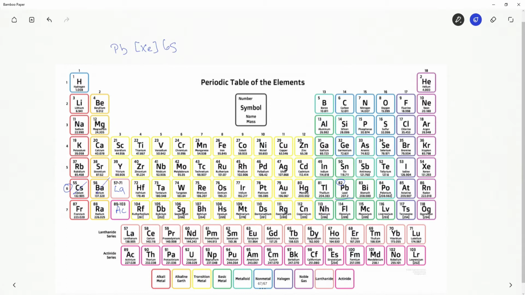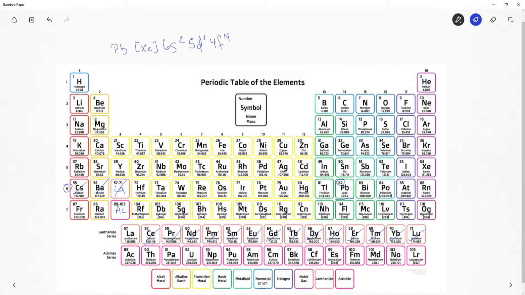6s 1, 2. Remember, d's count back 1, so 5d. Lanthanum is just 1. Now I move to my f right here. Those count back 2, so this is 4f. 1, 2, 3, 4, 5, 6, 7, 8, 9, 10, 11, 12, 13, 14.